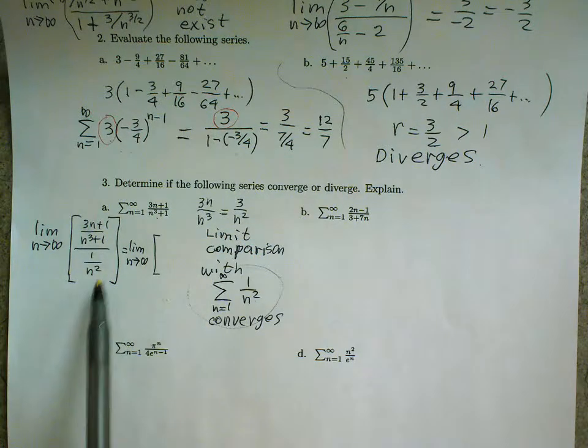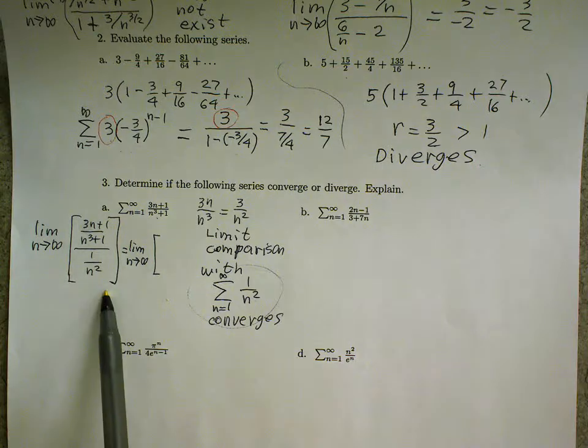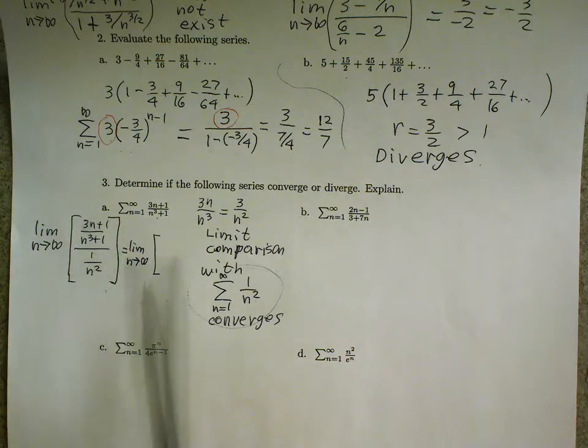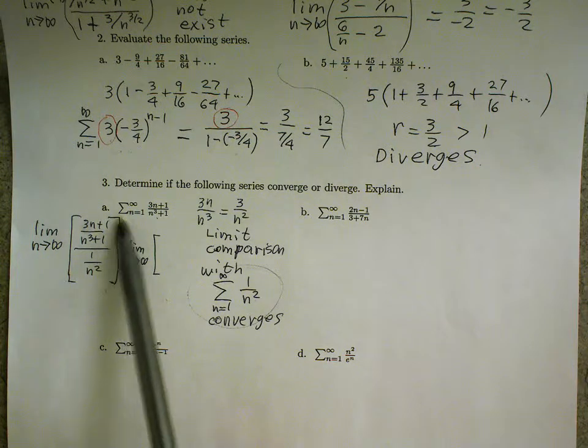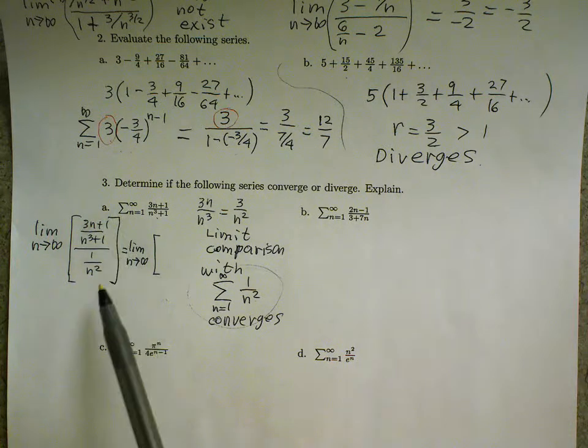When we simplify this complex rational expression, we're going to end up multiplying this numerator, 3n plus 1 over n to the third plus 1, by the reciprocal of 1 over n to the second.